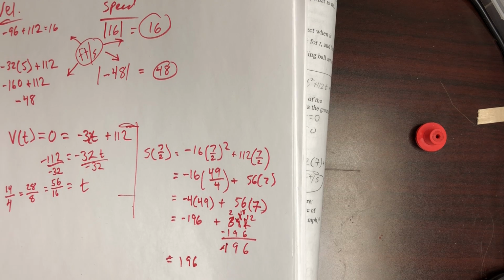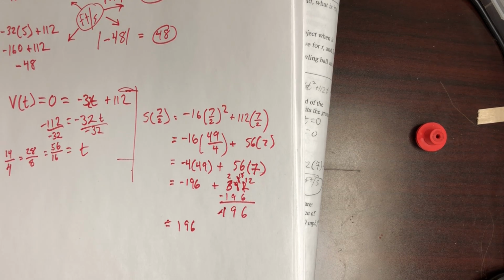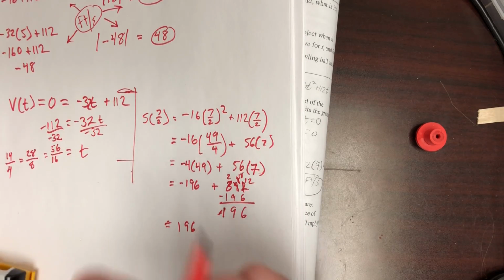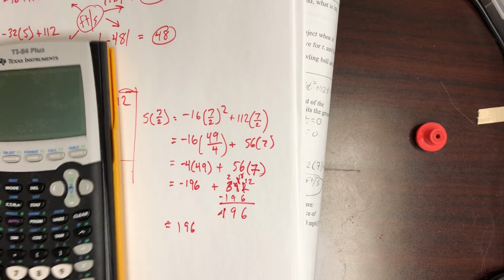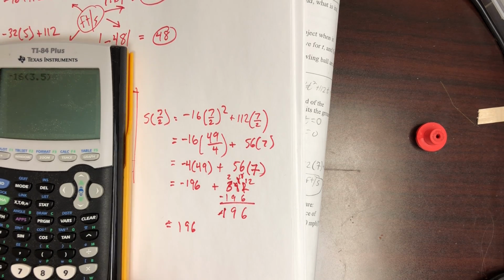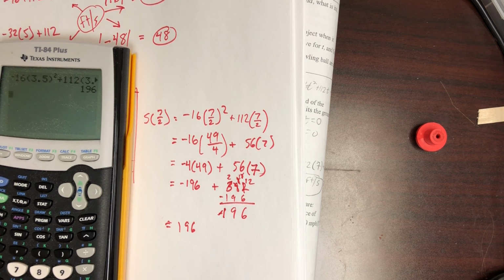Okay. So 196 is going to be our position. If I was using a calculator to do all this, I might just use 3.5, and I would do negative 16, parentheses 3.5, squared plus 112, so it's 3.5. Oh, wow. All right, cool.